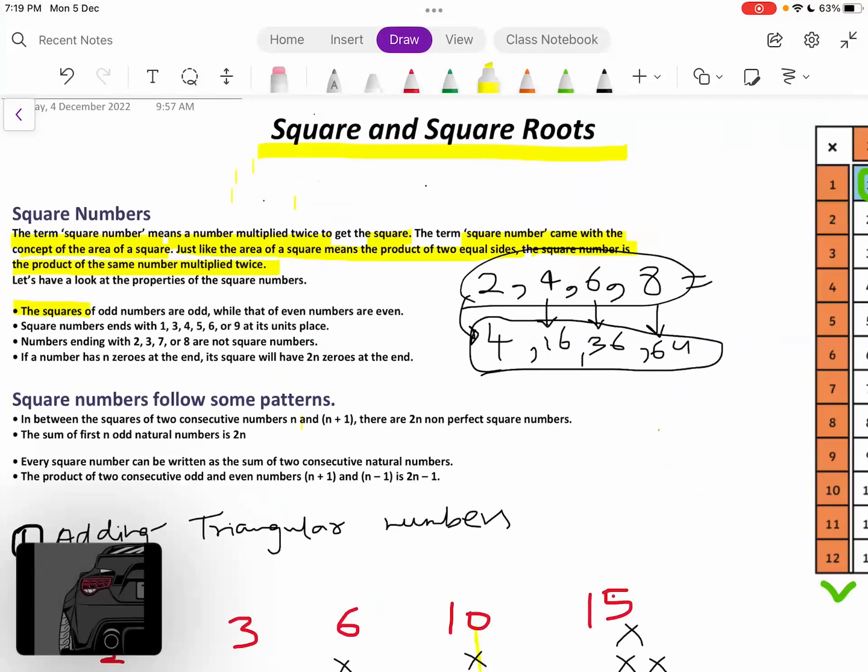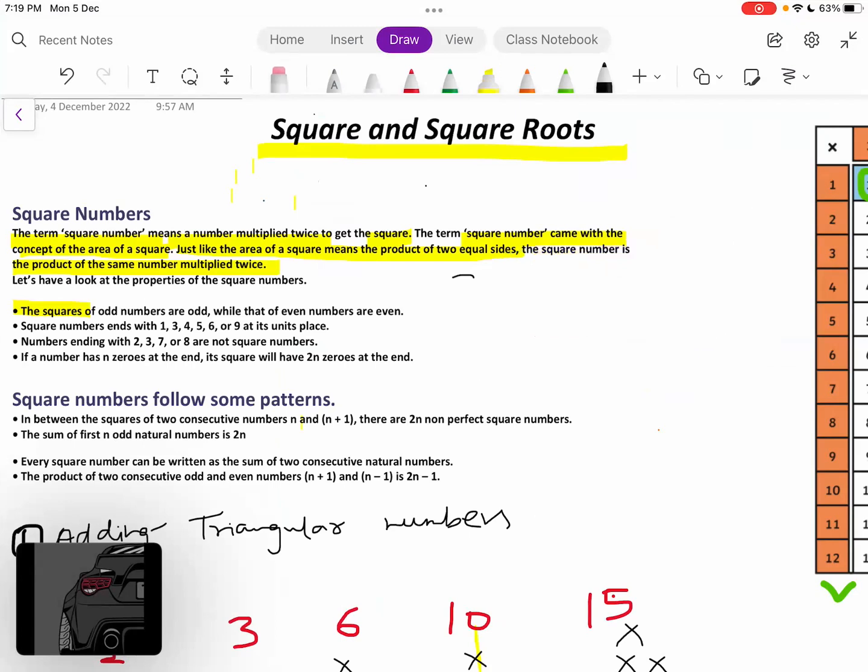They are also going to be odd, like 9, 25, 49, 81. So their unit digits are all going to be odd. Remember we are talking about the unit digit and the number also. The whole number 25 and the unit digit 5 are going to be odd as well.